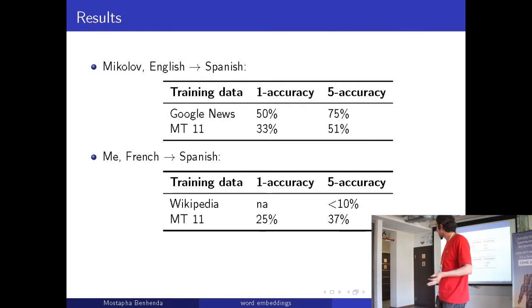So what are the results? Mikolov gets very good accuracy with Google News, and slightly less with MT11. And I get even worse. I get no result with Wikipedia, and not so bad result with MT11.